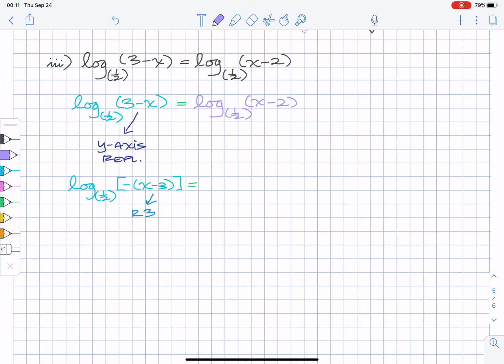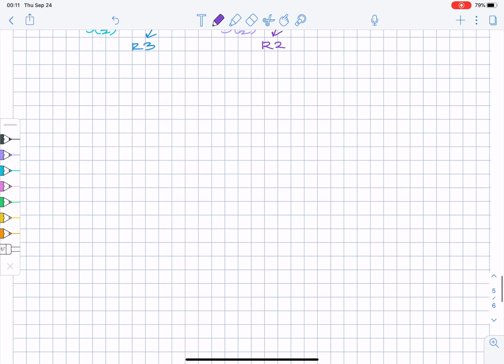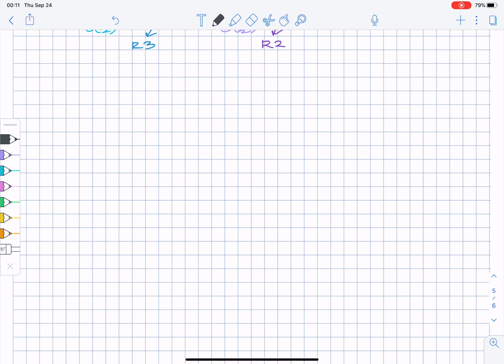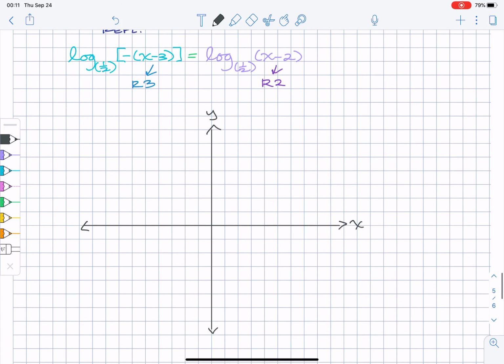Okay, let's do log base 1/2 of x minus 2, and that minus 2, of course, is right 2. Okay, so let's look at both of these on a larger graph. So x and y, we have base 1/2.